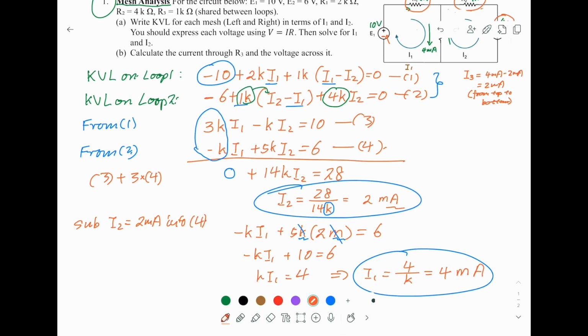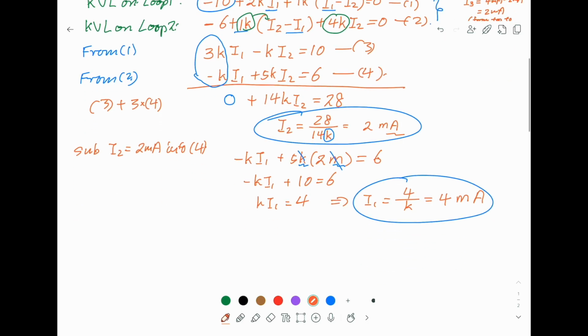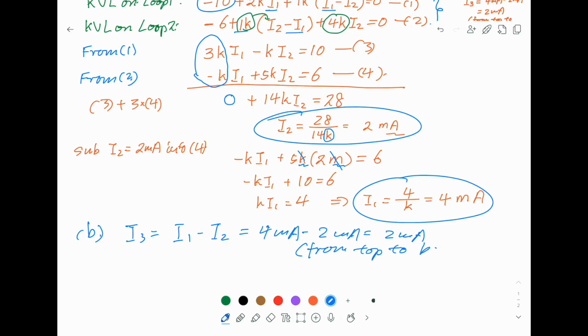So this is actually our part B. I3 is, in this case, I1 minus I2 because we know the magnitude. So this is 4 milliamp minus 2 milliamp, which is 2 milliamp. You must state this is from top to bottom.